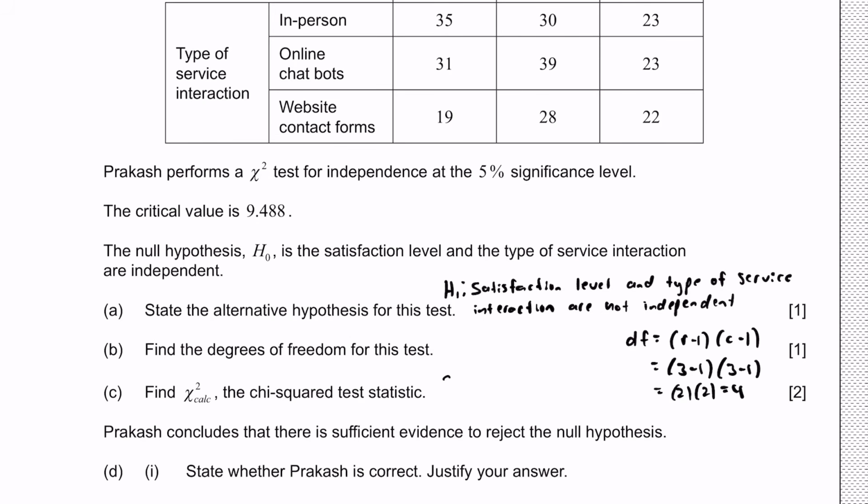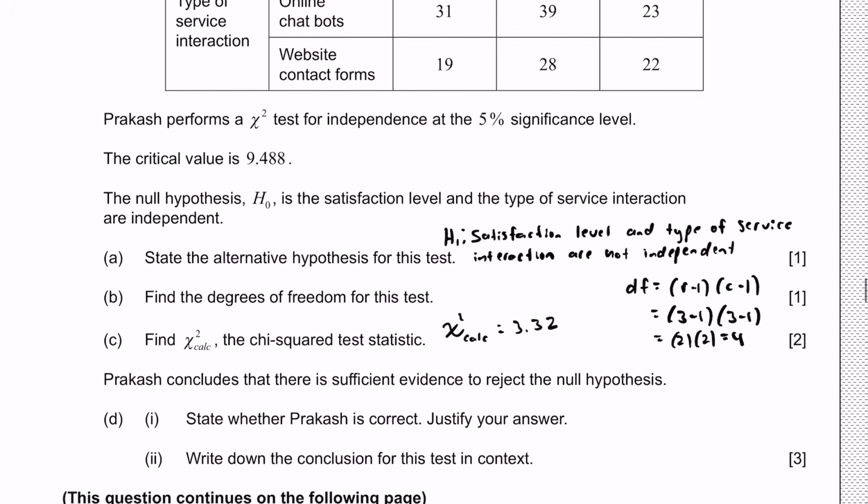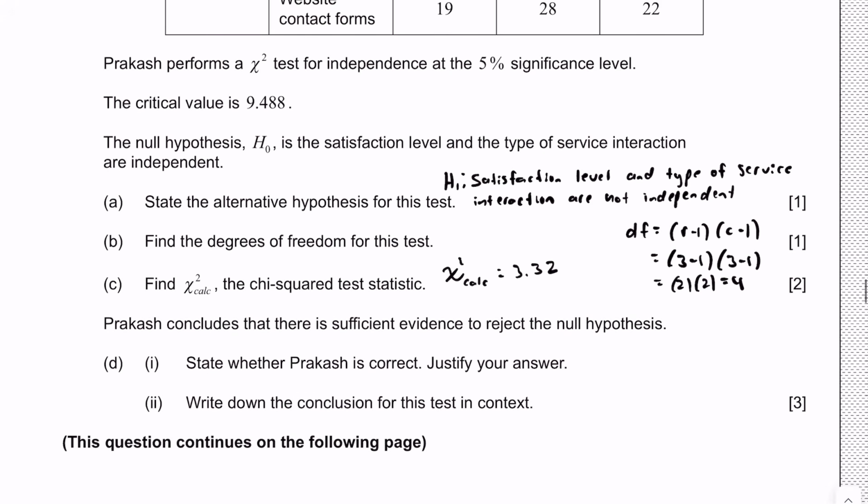So our chi-squared calculated statistic is 3.31, or 3.32 actually. 3.32. Okay. Let's go on.